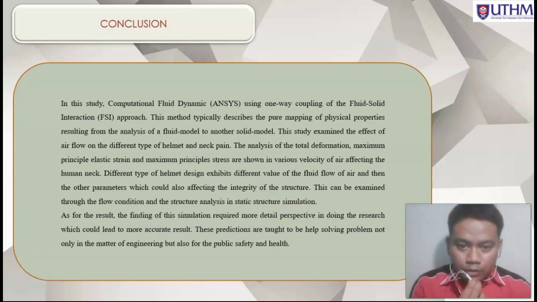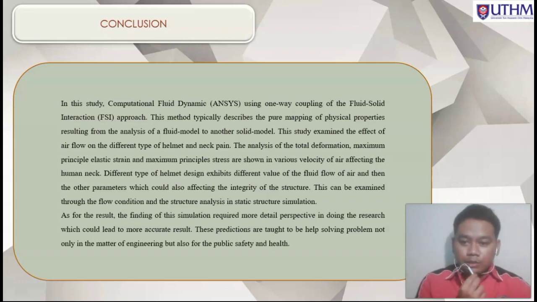The analysis of the total deformations, maximum elastic strain, and the maximum principal stress are shown in various velocities of air affecting the human neck. Different types of helmet designs exhibit different values of the fluid flow of air, and then the other parameters which could also affect the integrity of the structure.